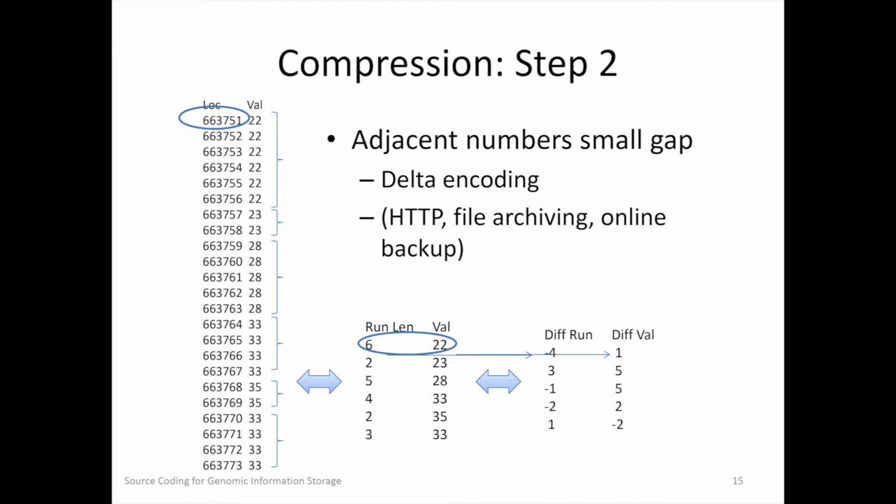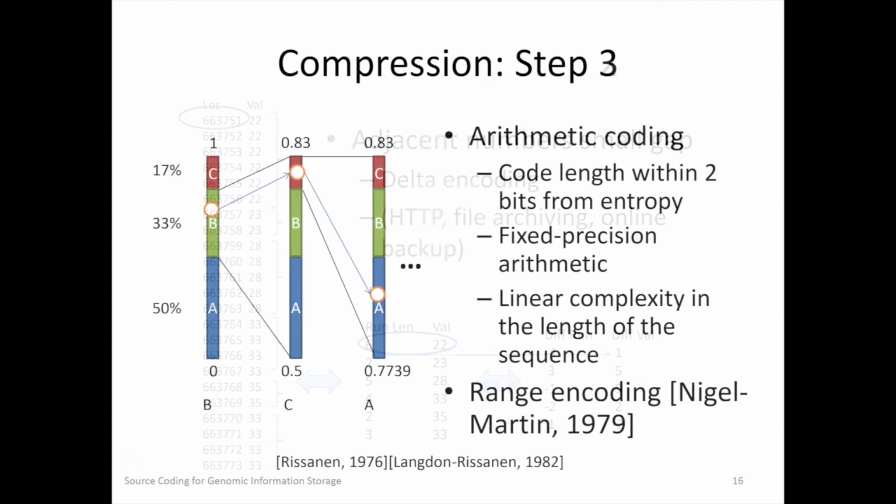Having these two different sequences, we're going to further compress them, and we're going to use arithmetic code. Delta encoding has been used not on a symbol basis, but on a file basis for HTTP file archiving and online backup. It was also used in the reference-based genome compression that I mentioned before.